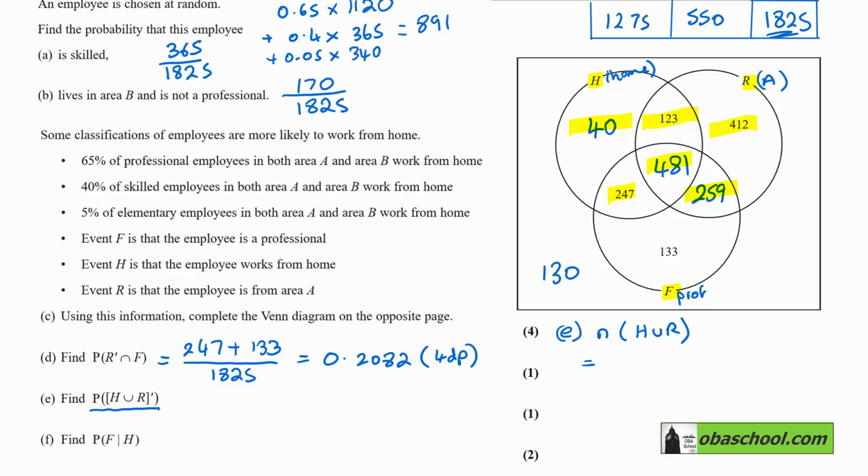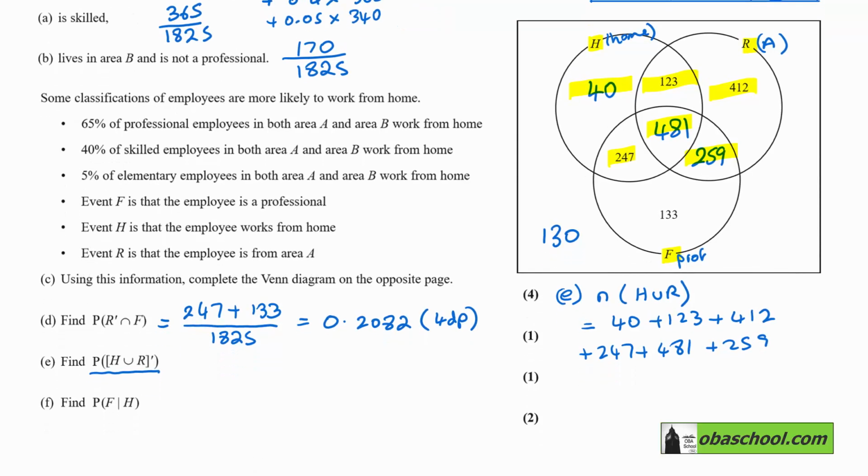So that is going to be 40 plus 123 plus 412 plus 247 plus 481 plus 259, and that gives us 1562. So the probability we're after here, where it's not that, is going to be the total, take away 1562, divided by 1825, and that is 0.1441 to 4 decimal places.